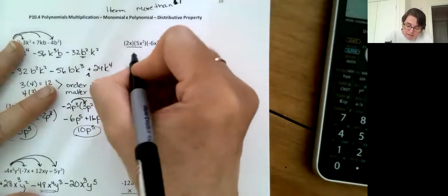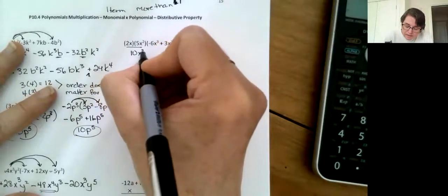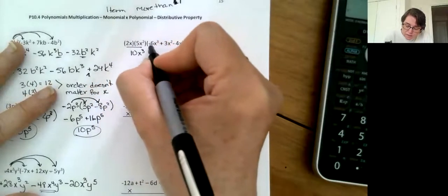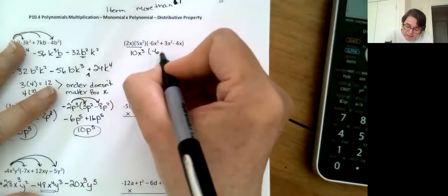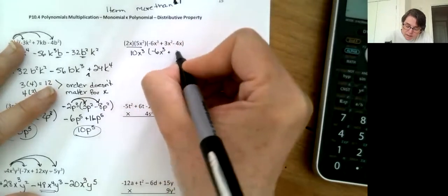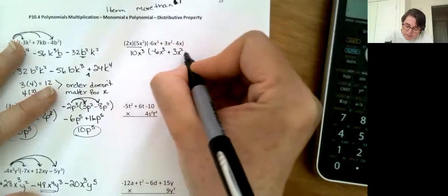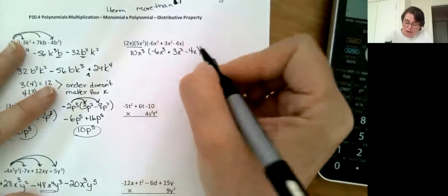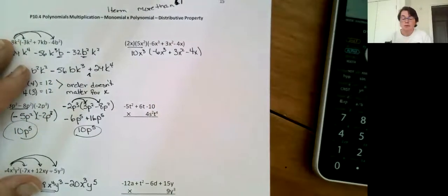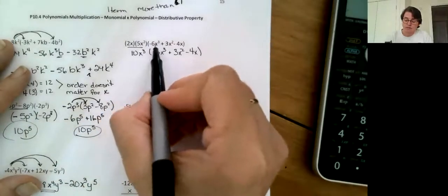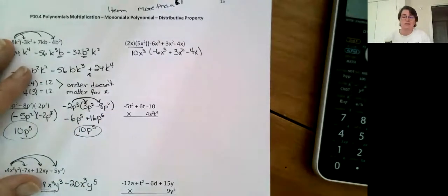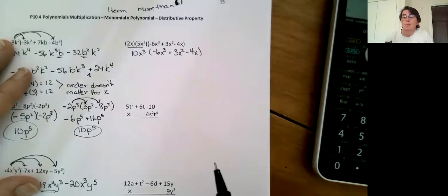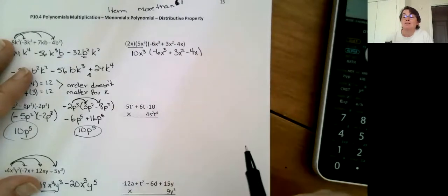2 times 5 is 10x to the 3 times minus 6x^3 plus 3x^2 minus 4x. There are those among you who can go 2 times 5 times 6. You could do this all in one step, but that's probably going to be annoying if I did it all in one step and then just wrote out the final answer.